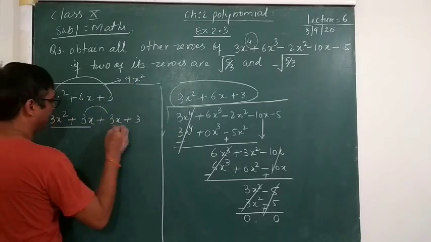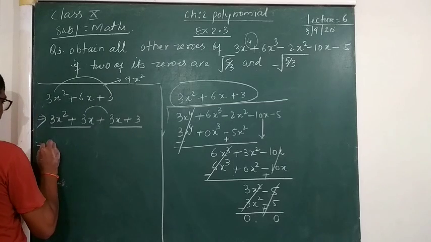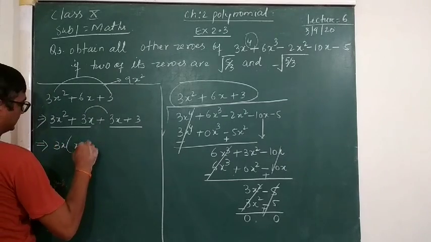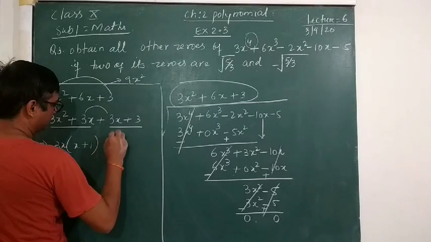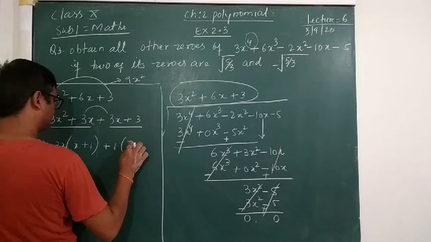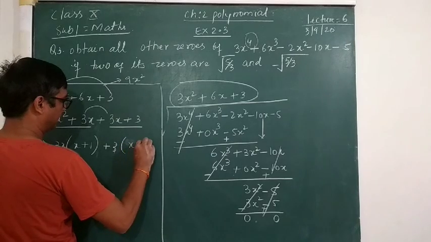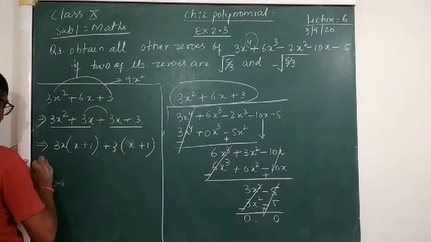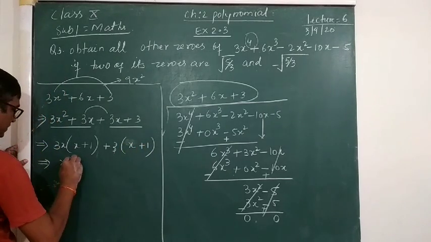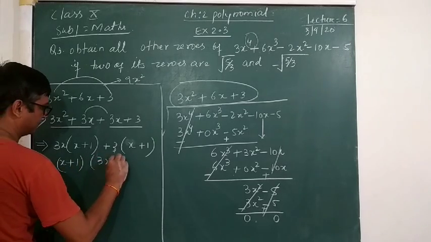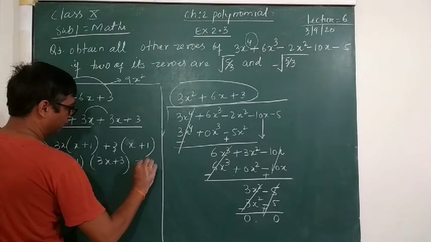Now you take common: 3 you will take as common, so x plus 1, and it will be 3x plus 3 is equal to 0.